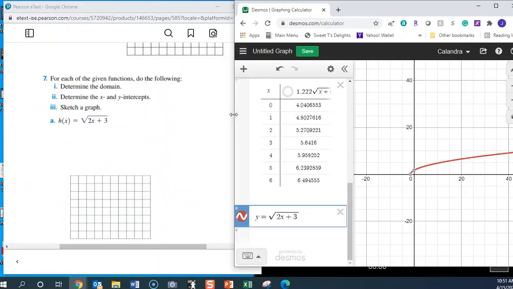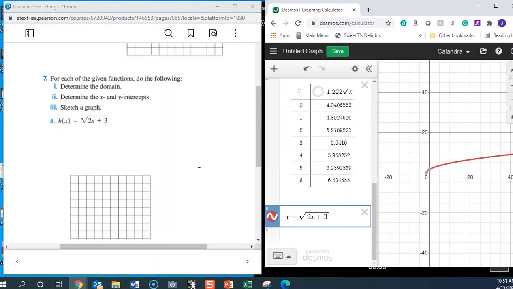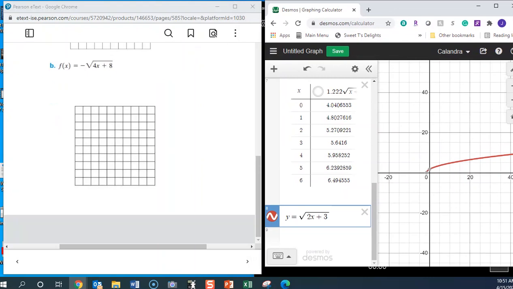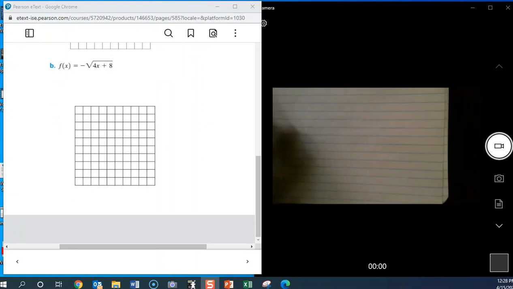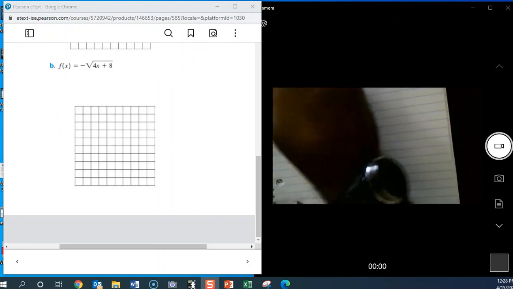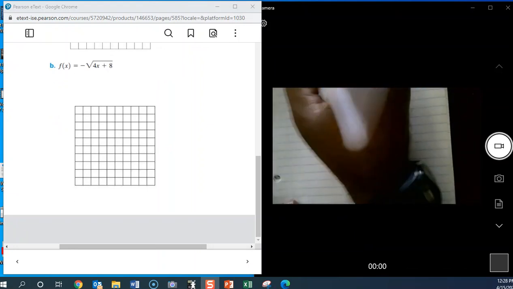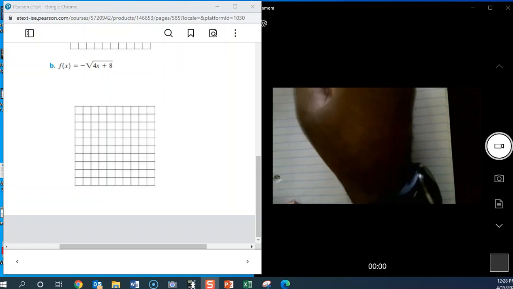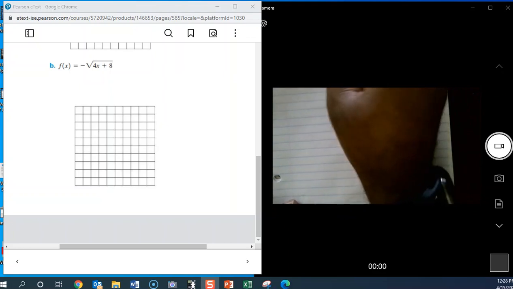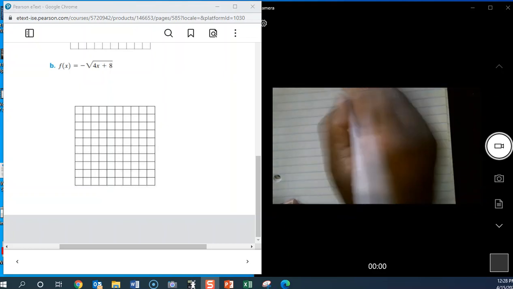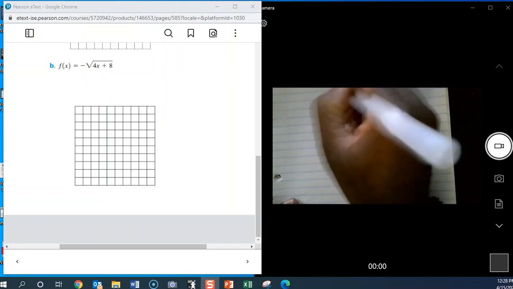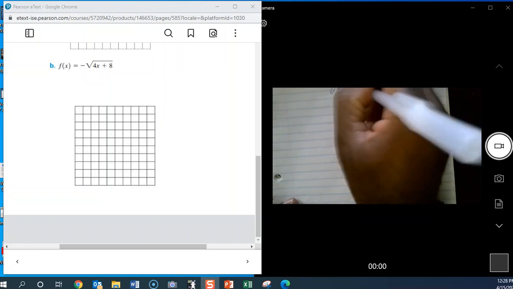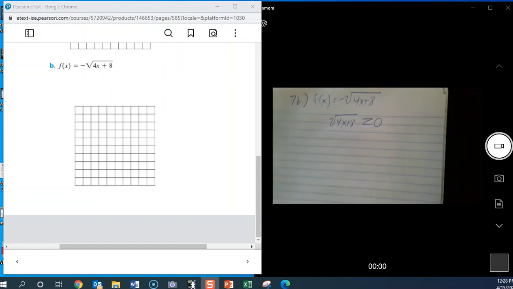So this is a visual representation of the graph. All right. So now we will go down here to 7b. Redo 7b. So we have f of x is equal to negative square root of 4x plus 8. We just set this radical equal to 0. So you have the square root of 4x plus 8 greater than or equal to 0.